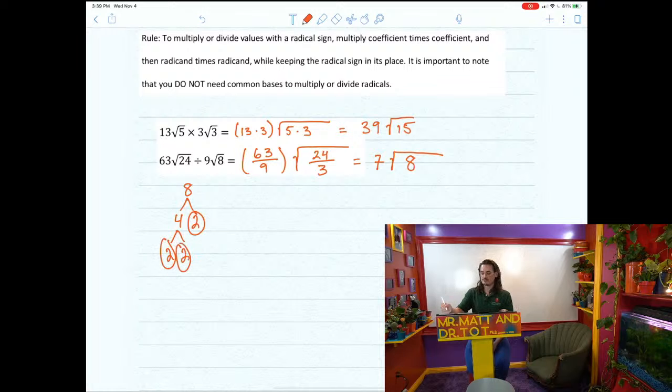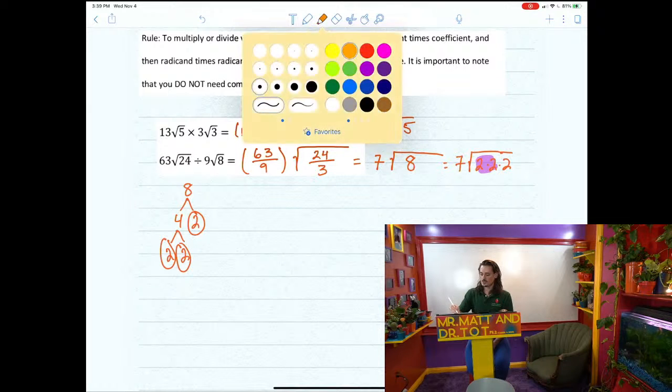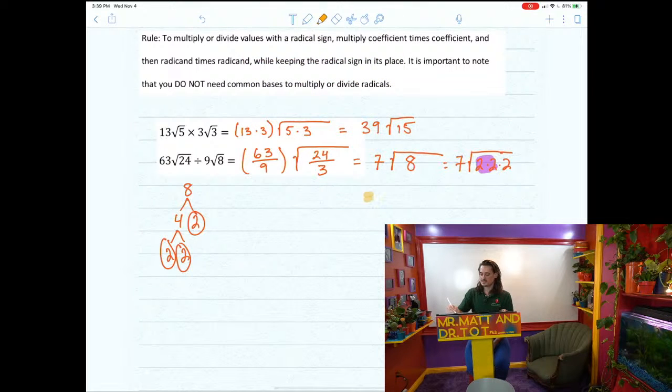So this is not written in simplified form because I have these pairs of 2 that can come outside of the radical. So our answer here is going to be 7 times 2 times the square root of 2, which is 14 root 2.